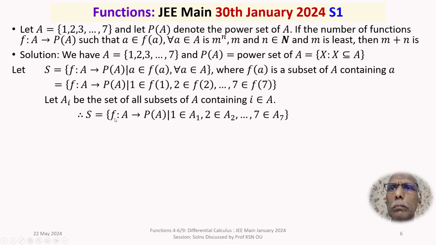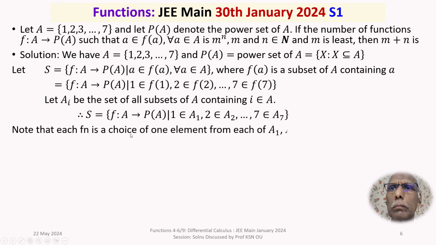One element from A1, one element from A2, one element from A7 will determine one function, and conversely. Note that each function is a choice of one element from each of A1, A2, up to A7, and conversely, one element from each of A1, A2, A7 will determine a function f.